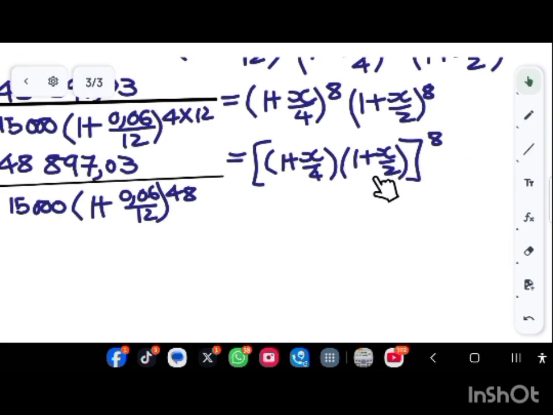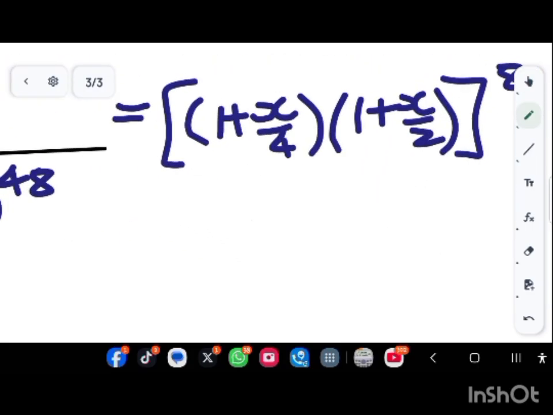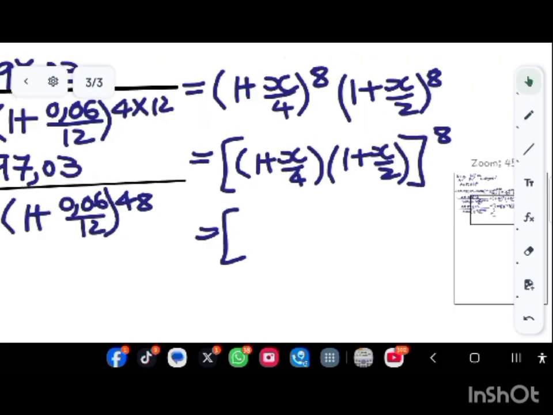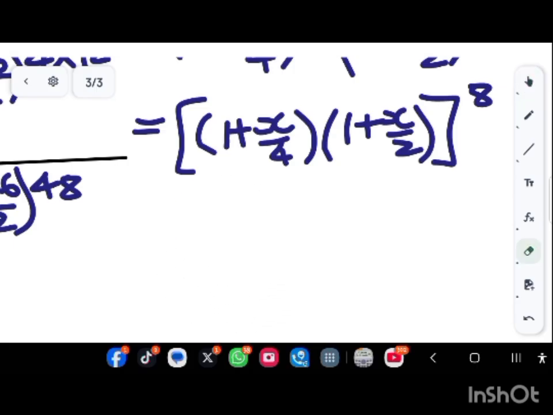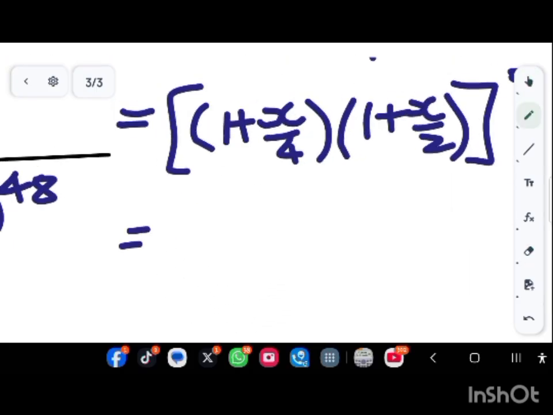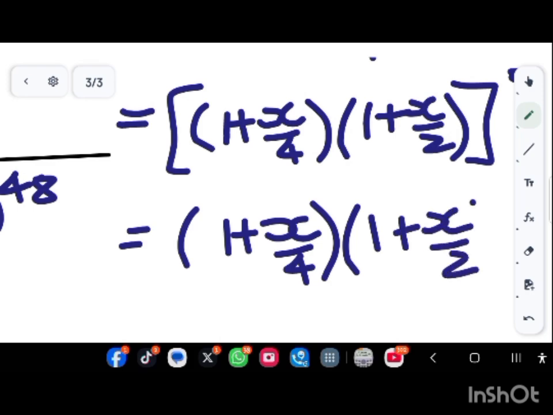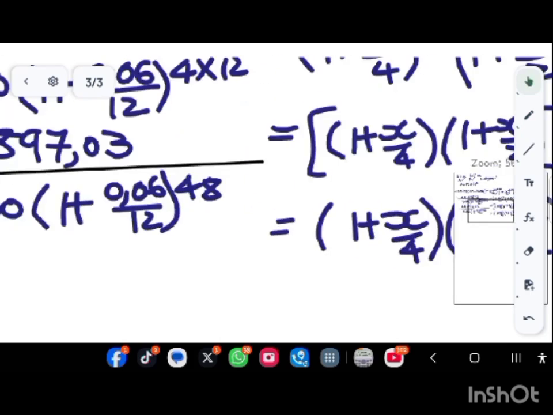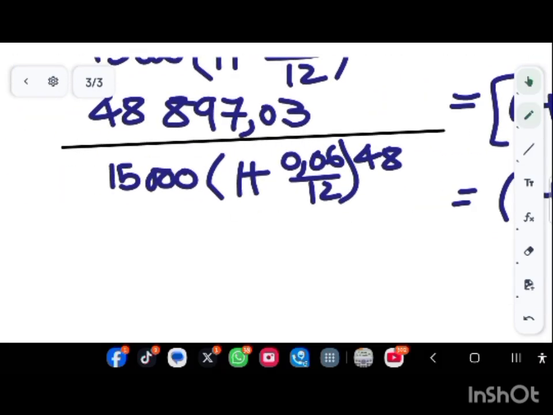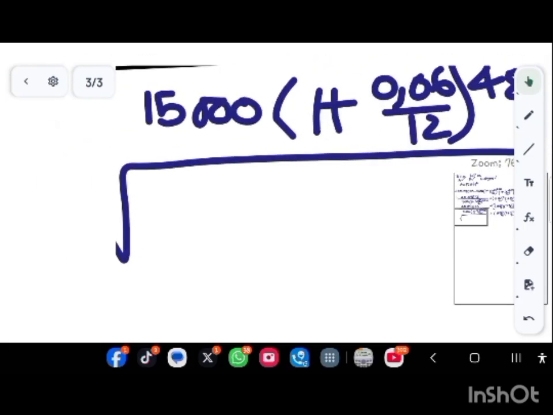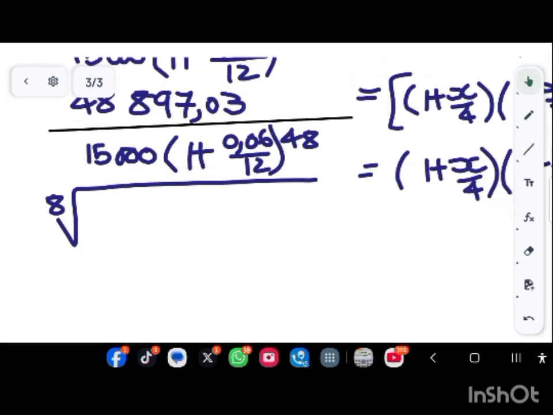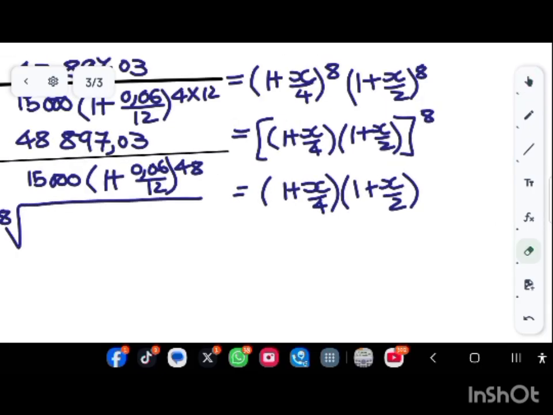Now in order to get this on its own, this is equal to 1 plus X over 4 multiplied by 1 plus X over 2. In order to get rid of the power of 8, we must take the root of 8 on both sides.